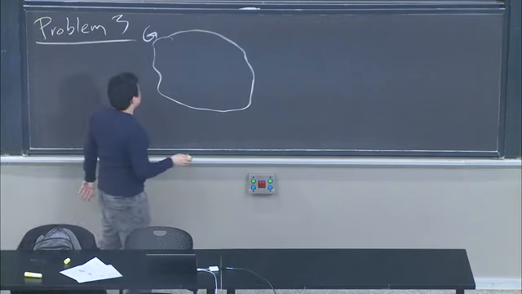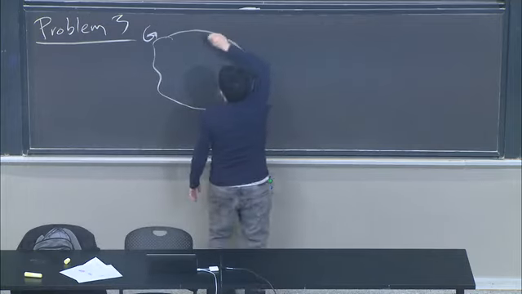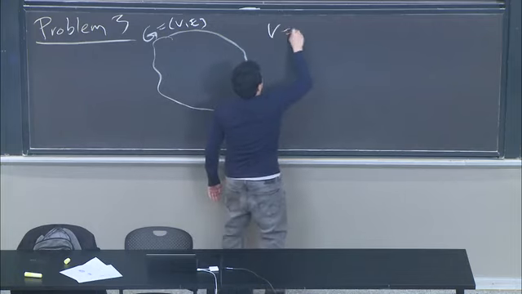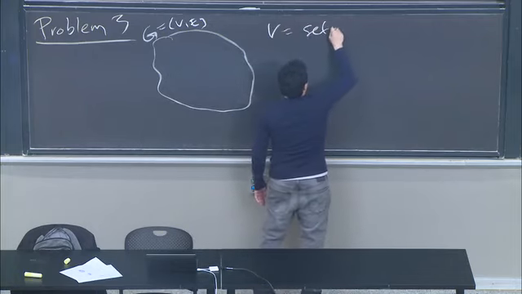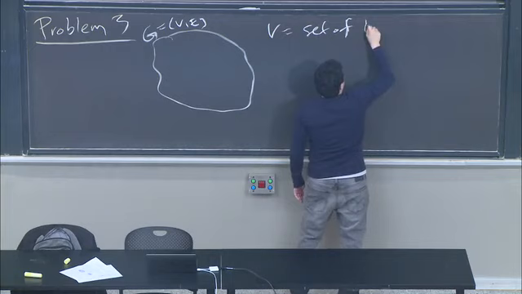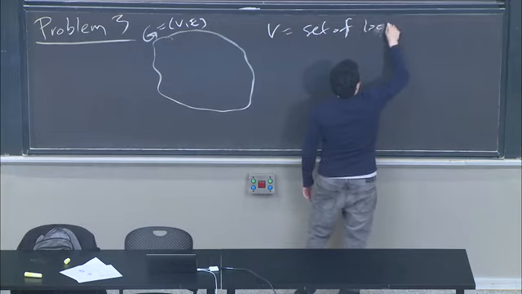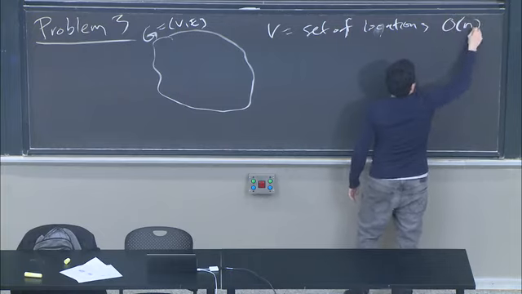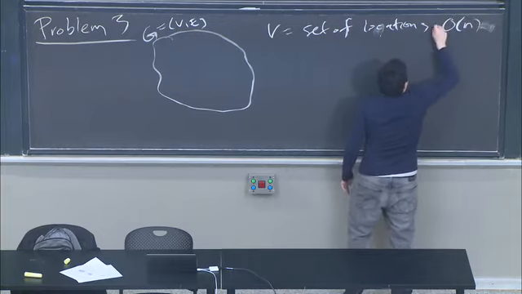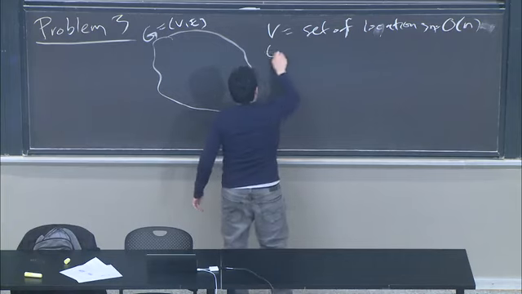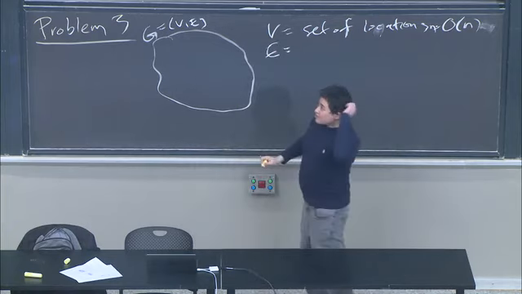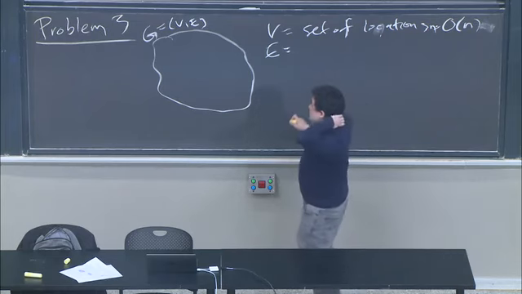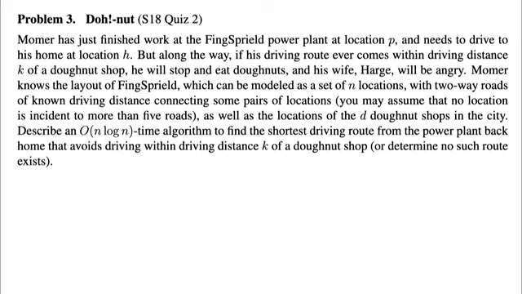Okay, so I'm going to define a graph with V and E, and we've got V. That's going to be my set of locations. So this says there are order n of them. There's actually n of them. And then E, what are we going to have? It's a known pair of things, right?